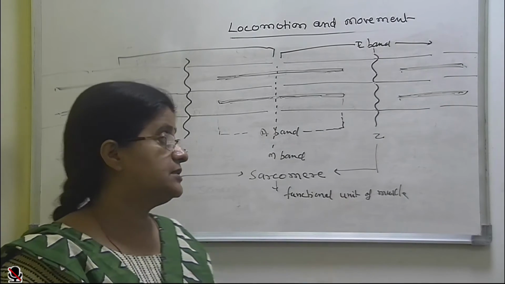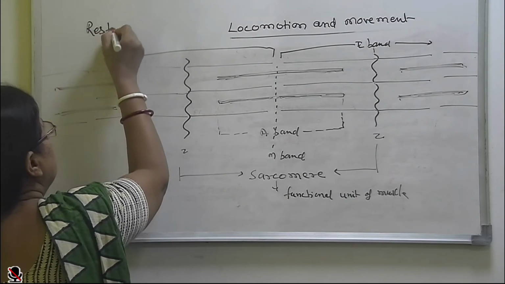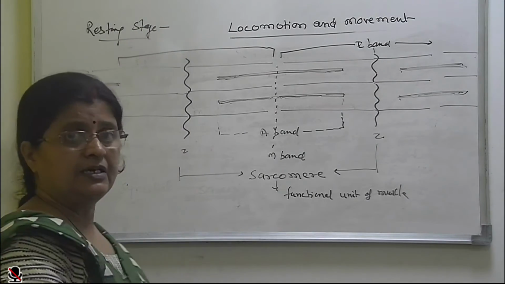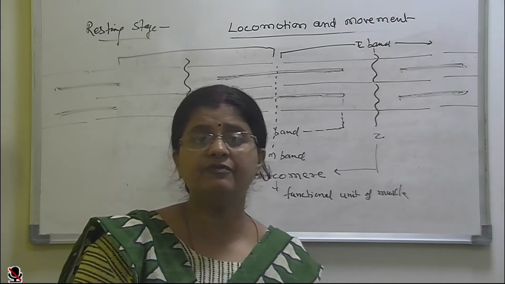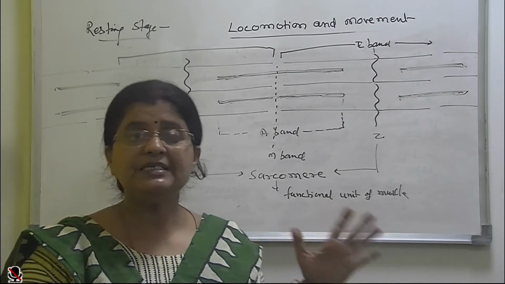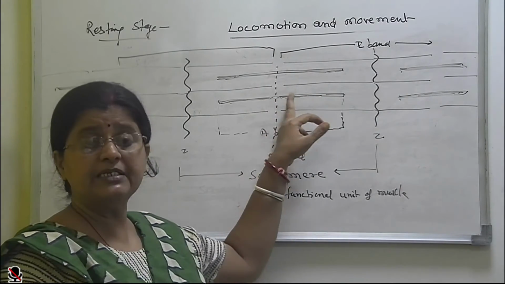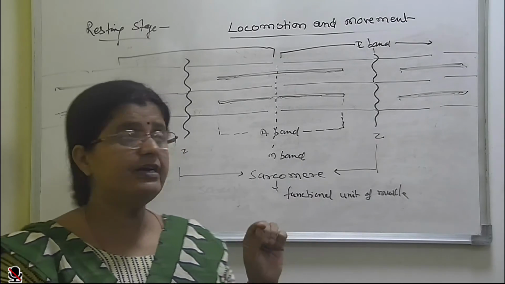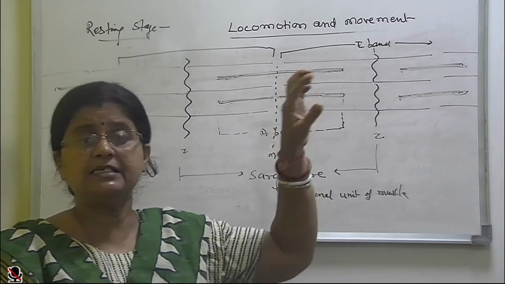First we will see the resting stage, right? In the resting stage, you see the ends of the thin filaments are present on either side of the thick filament, that is, the myosin filament, and they leave a central part of the thick filament.